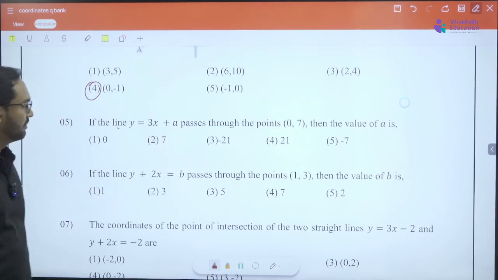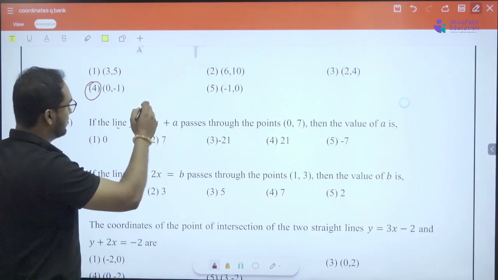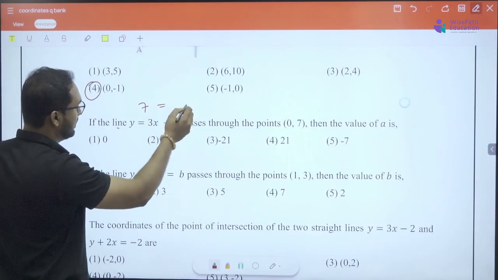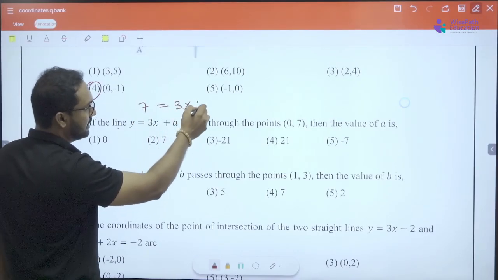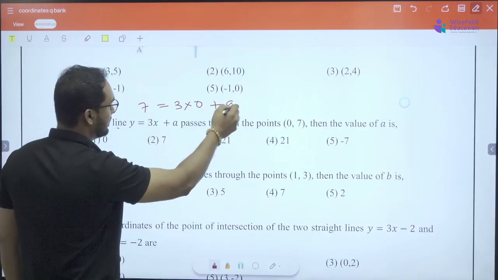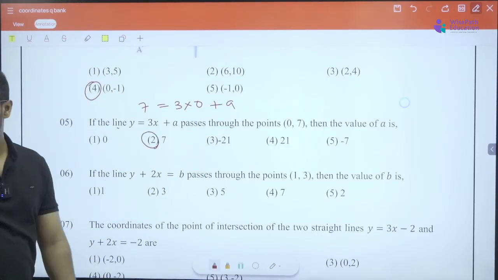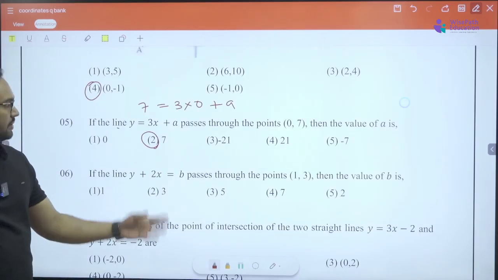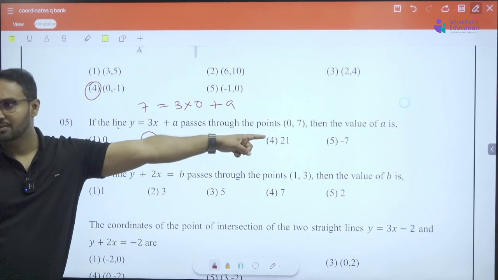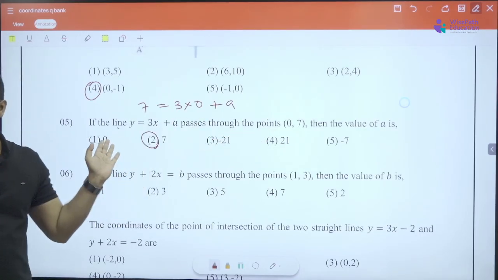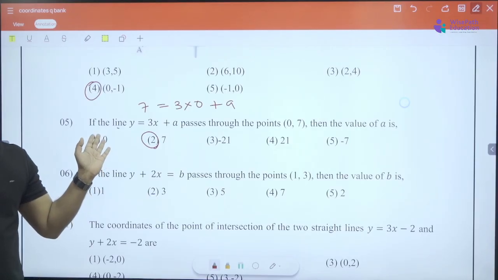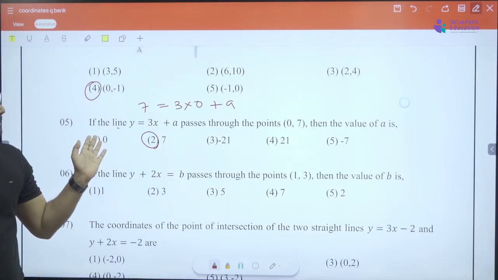Simplify it and you get the answer. So y is 7, 3 into x, which is 0, plus a. So a is 7, isn't it? You just applied the x and y coordinates to the equation.